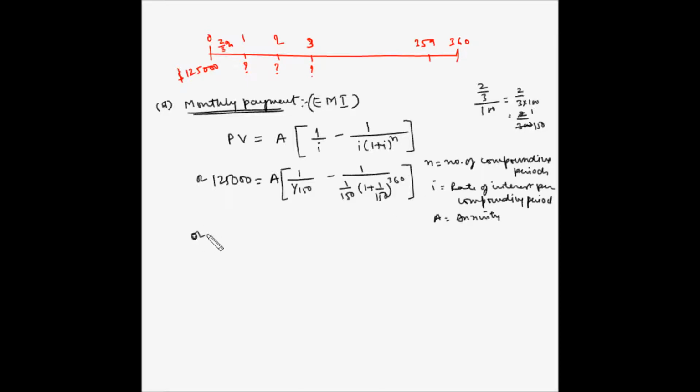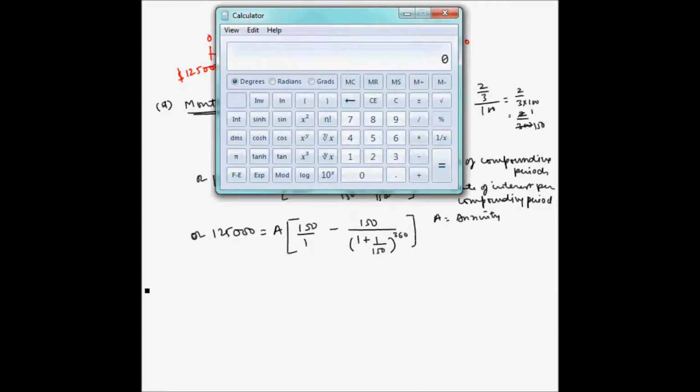So 125,000 is equal to A. Now 1 divided by 150, so this becomes 150 divided by 1 minus, so here let's take this 150 on top, so we get 150 divided by 1 plus 1 divided by 150 to the power 360. So let me pull my calculator. So we'll first solve this denominator here in the bracket.